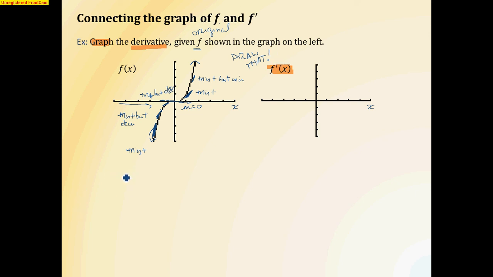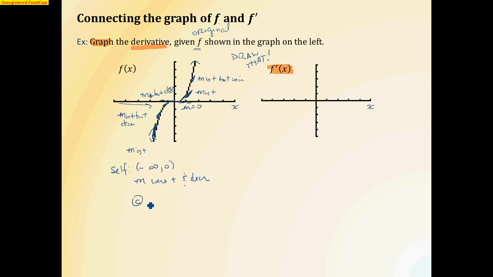So I'm going to again over here say to myself, from negative infinity to 0, slopes were positive and decreasing.